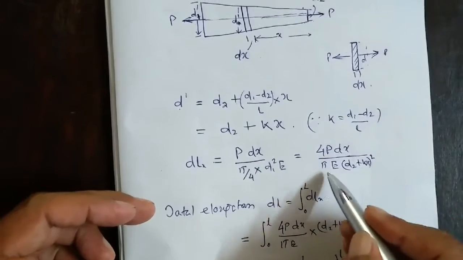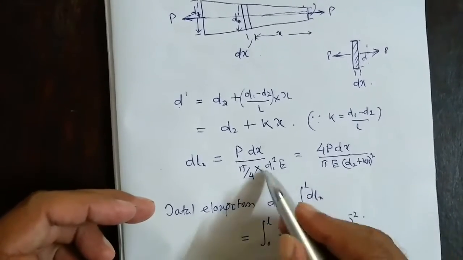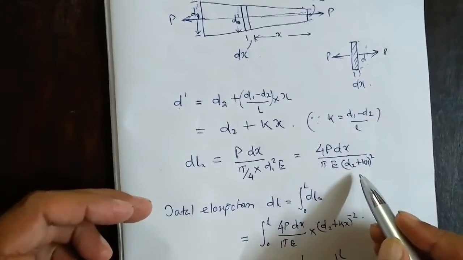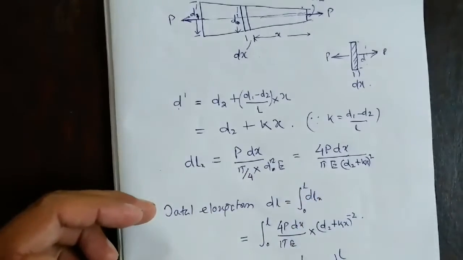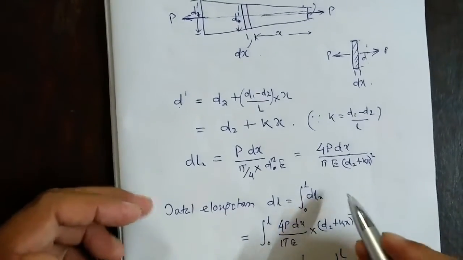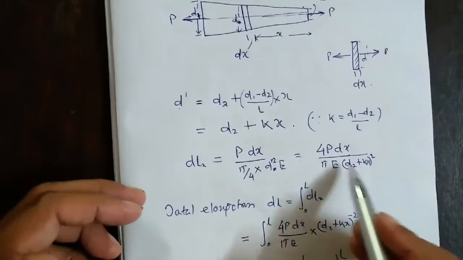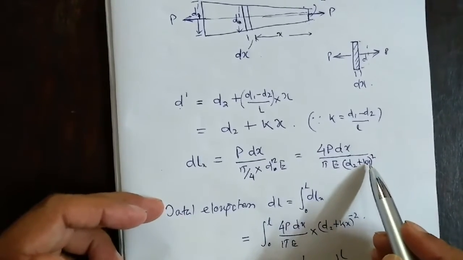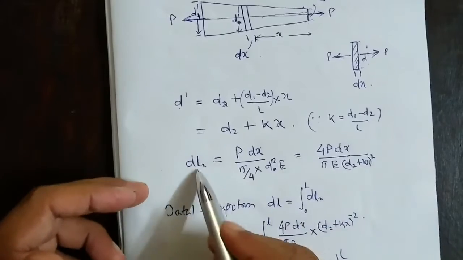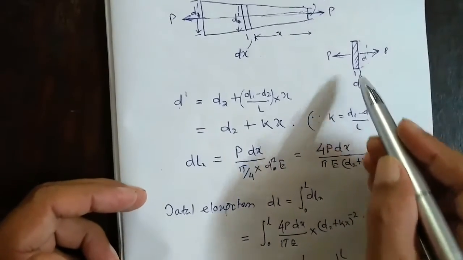It becomes 4P dx by pi E d dash square. D dash square, not d1. Now d dash square is equal to (d2 plus Kx) the whole square. So this is the change in length of this thin element.